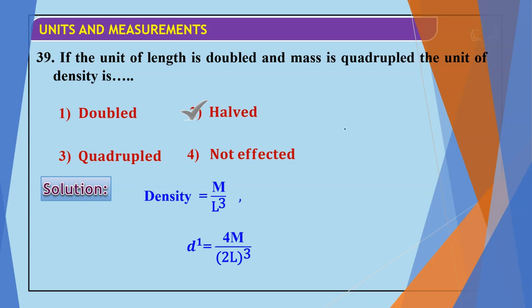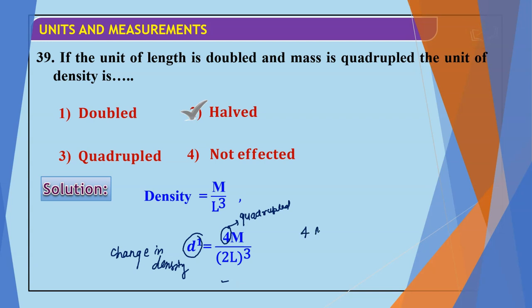Now here I just want to introduce things for more elaboration. This is the change in density. As given in the question, mass is quadrupled, that is 4 times, and length is doubled.